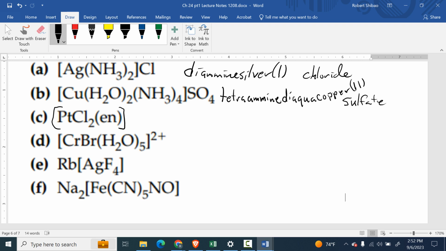If the charge is 0, ethylene diamine, is that neutral or does that have a charge? Ethylene diamine is neutral. There's no charge. How about chlorido? Is chlorido neutral or does it have a charge?